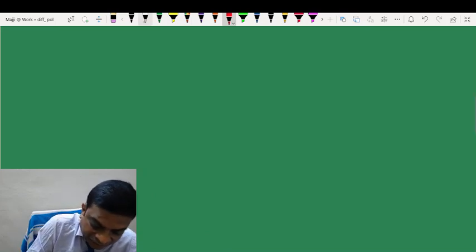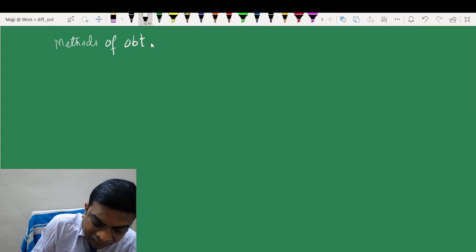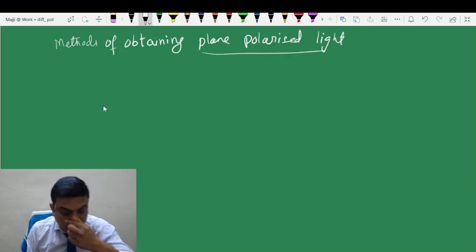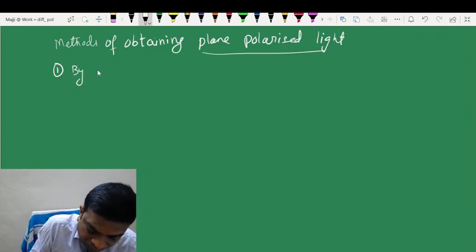So next we will be seeing methods of obtaining plane polarized light. One by one we'll discuss, students. The first method is by reflection.